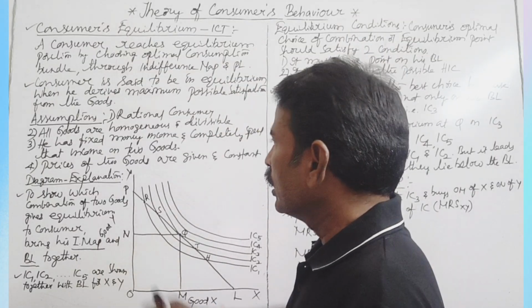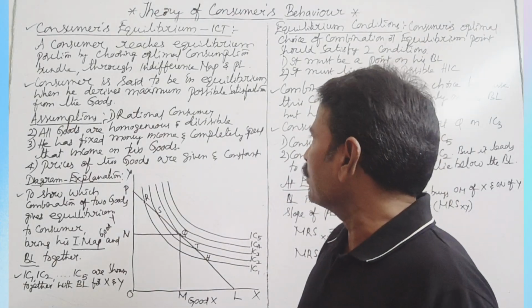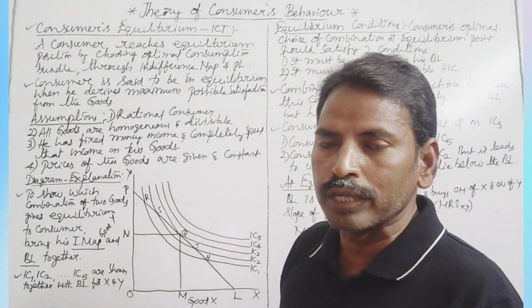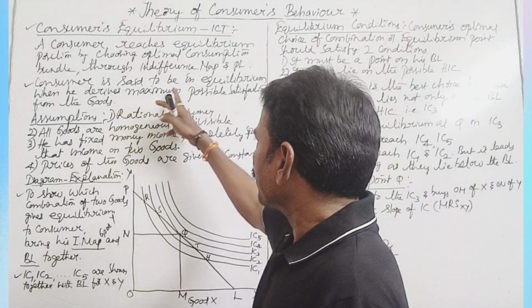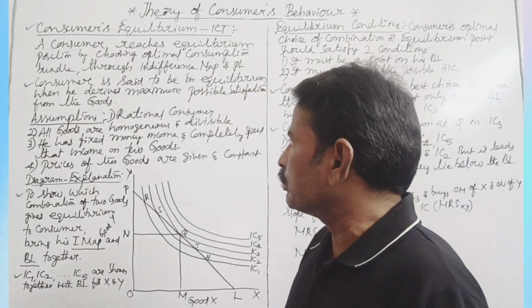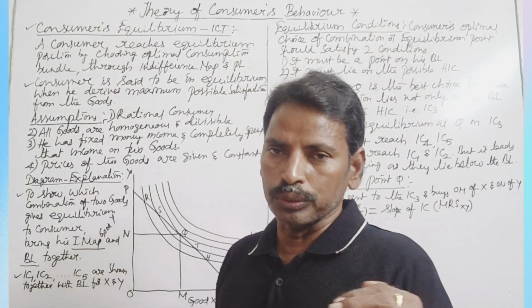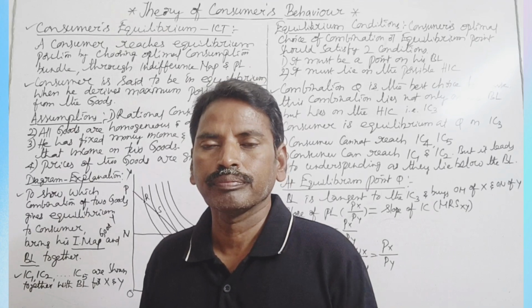Next, consumer is said to be in equilibrium when he derives maximum possible satisfaction from the goods. Then only the consumer is in equilibrium.